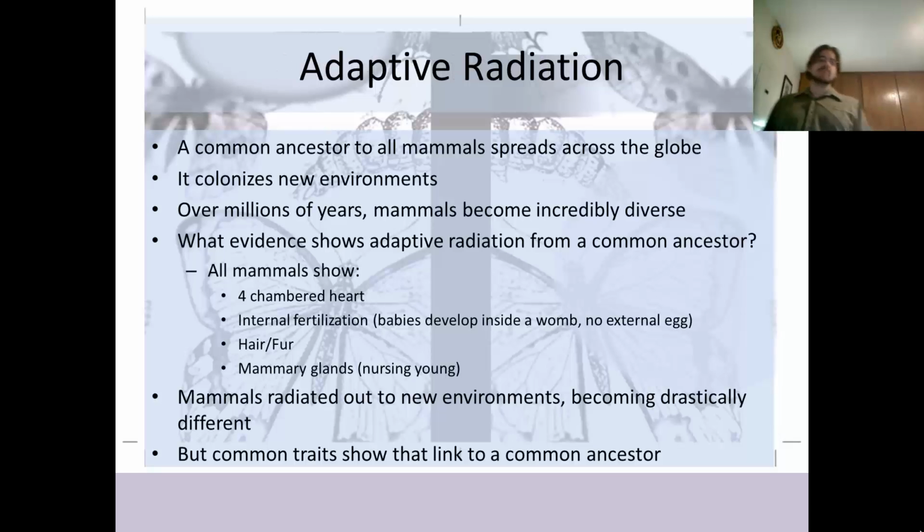So basically, if you have a species that moves to a new area and there are unoccupied niches, remember, in little local environments, unoccupied spots for an animal to exploit, a species will adapt to that available niche.